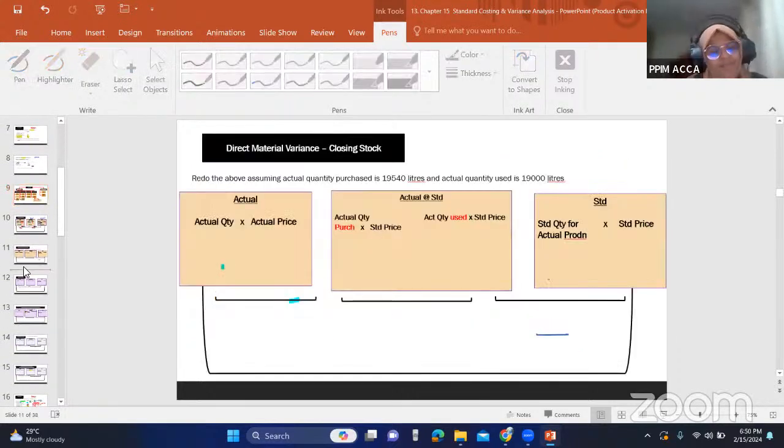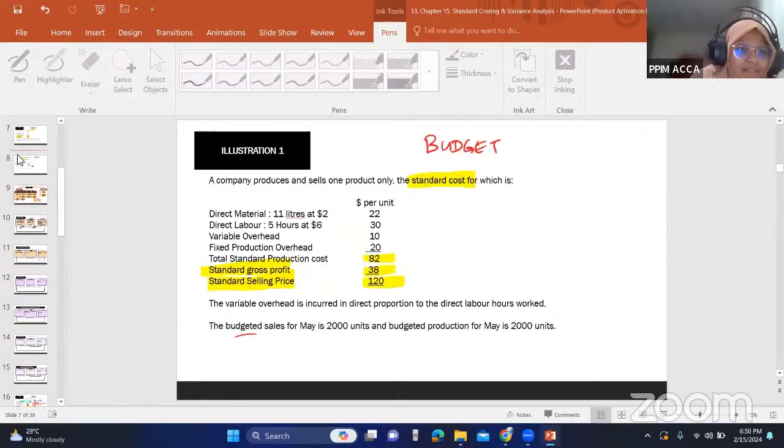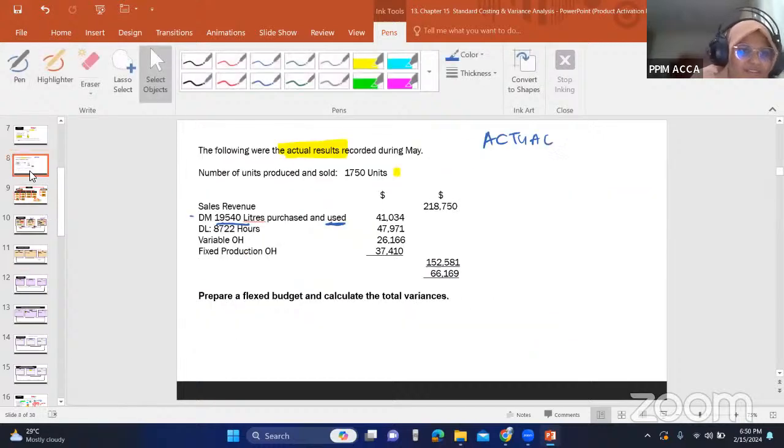Redo the above, assuming actual quantity purchased is 19,540 liters and the actual quantity used is 19,000 liters. In the previous example, we purchased and we used 19,540.